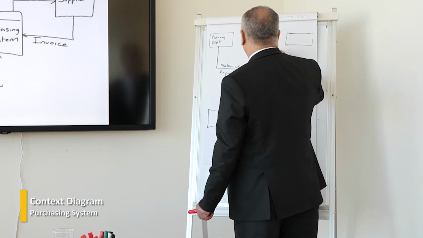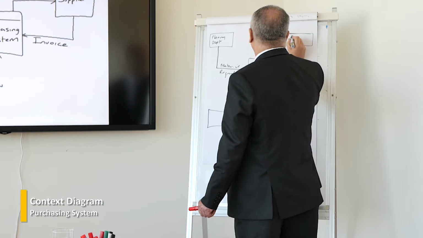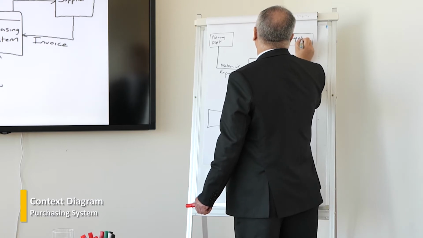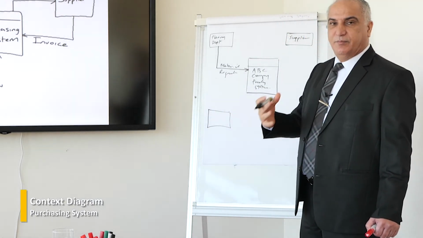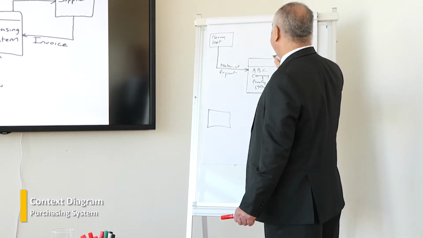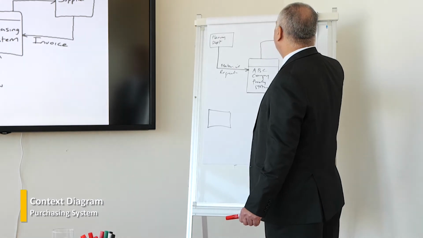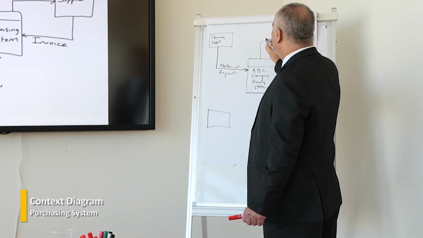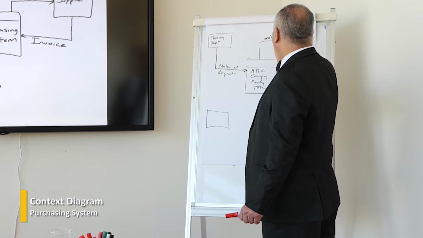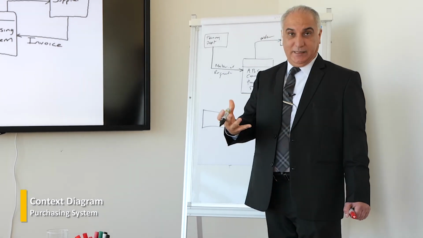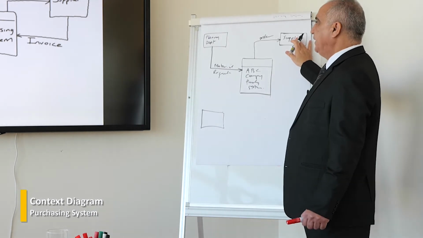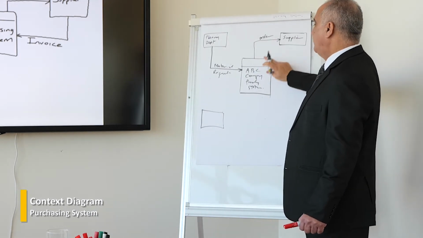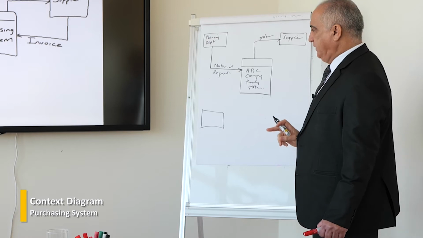This system will do what? Usually when you purchase material it comes from a supplier. So the system will send an order request to the supplier. In this case, the supplier has now received an order from ABC company.